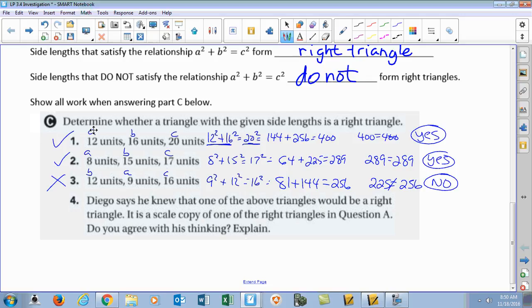All right, so Diego says that he knew one of the above triangles would be a right triangle. It is a scale copy of one of the right triangles in question A. Okay, that's up above. So, do you agree with his thinking? One of these triangles was on a different scale than in question A. Do you know which one he's talking about?